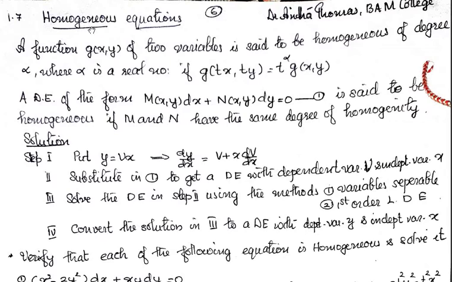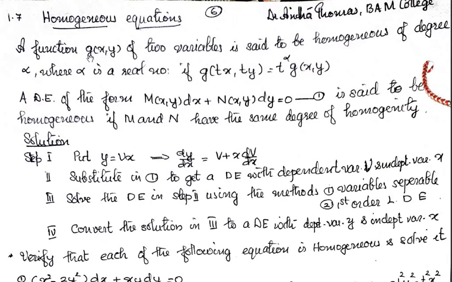So what is homogeneity? A function g of x comma y of two variables x and y is said to be homogeneous of degree alpha, where alpha is a real number, if g of tx comma ty is equal to t raised to alpha g of x comma y.